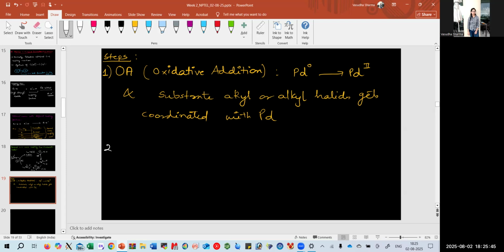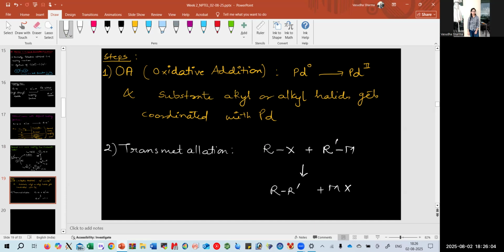The second step is transmetallation, where if we have RX and it is having R'M, it will form R-R' and MX. So here transmetallation is happening.